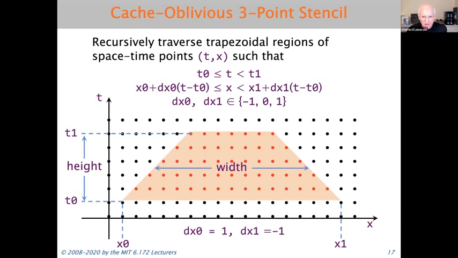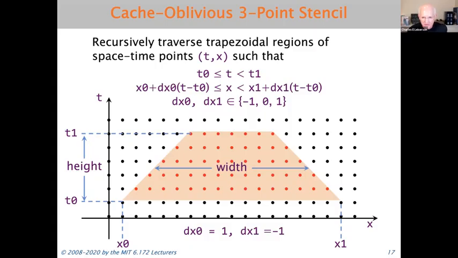Now, a trapezoid has two parallel bases, and for us, that's always going to correspond to some time step T0 and a later time step T1. And the left and right sides, which are not necessarily parallel, can each take on only one of three slopes, 0, 1, and -1.